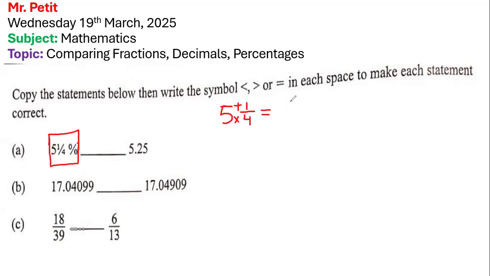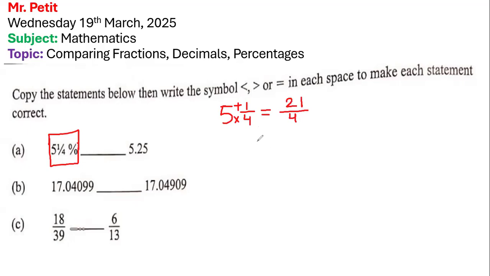Plus 1 is 21. Over 4. You keep the denominator. This is how you change a mixed number to an improper fraction: you multiply 5 by 4, and you add 1. So we have 21 over 4.